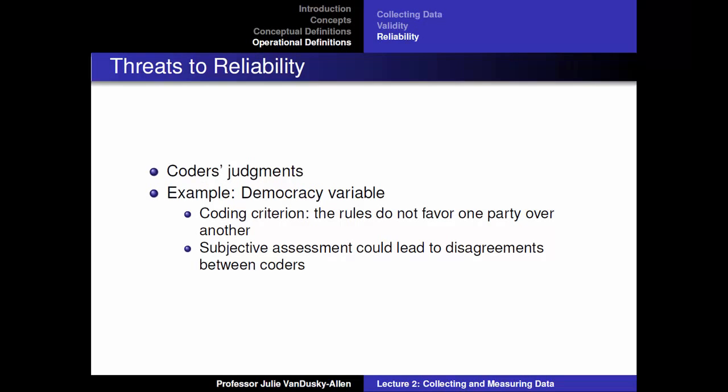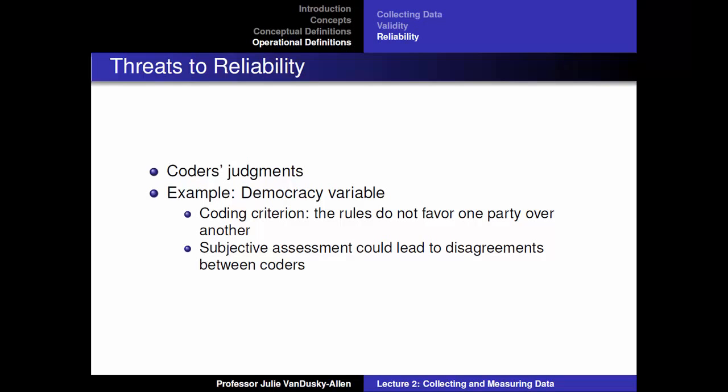One threat to reliability is when you have multiple coders coding a variable and they sometimes have to make judgment calls about how to code a particular observation. So for example, one of the coding criteria for the democracy variable was whether a country's electoral rules do not favor one party over the other. This is not an objective criterion, it's subjective.